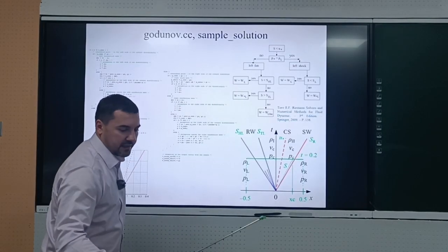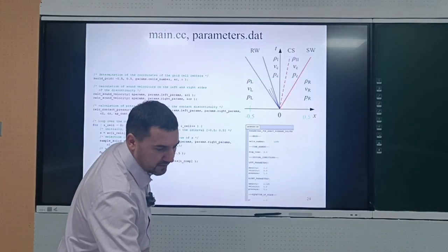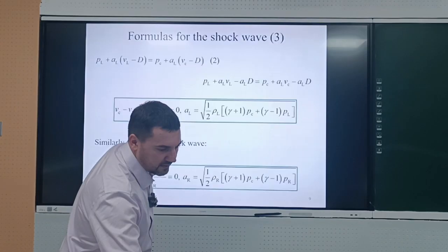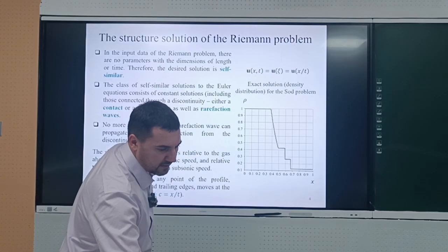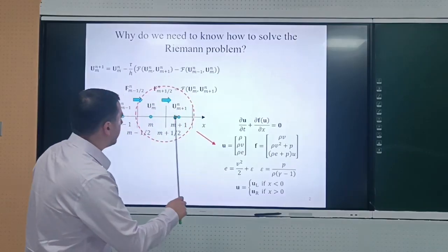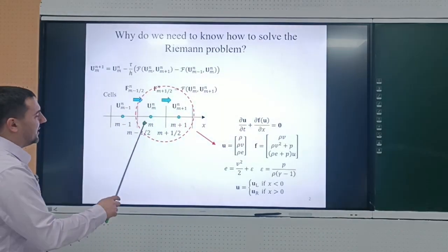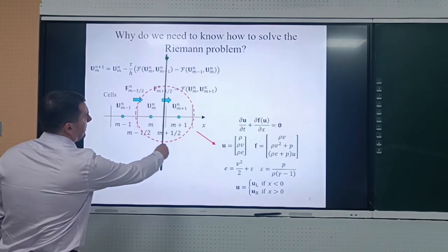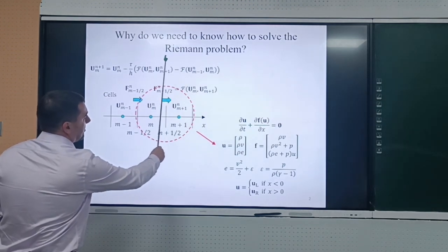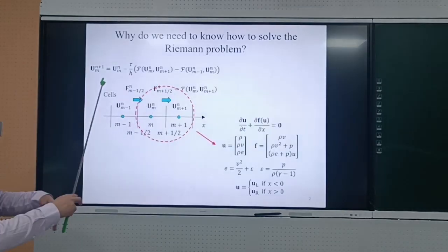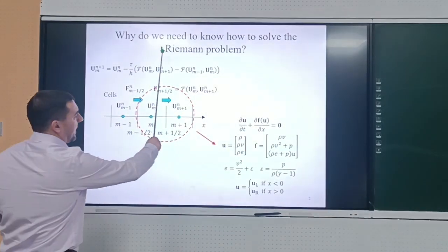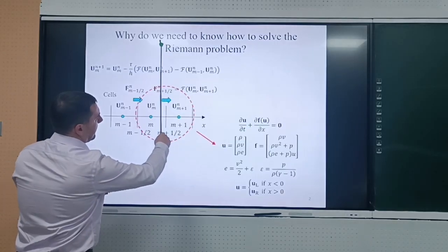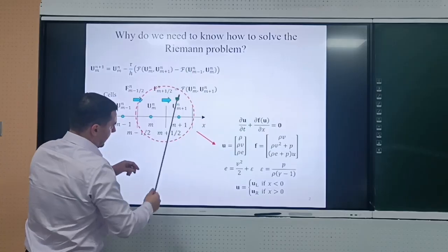Once again, we started with this picture. We need to compute the numerical flux, and this H corresponds, if we do not have moving boundaries or moving grids, to x equals 0 in our consideration, or x equals the location of the initial discontinuity.